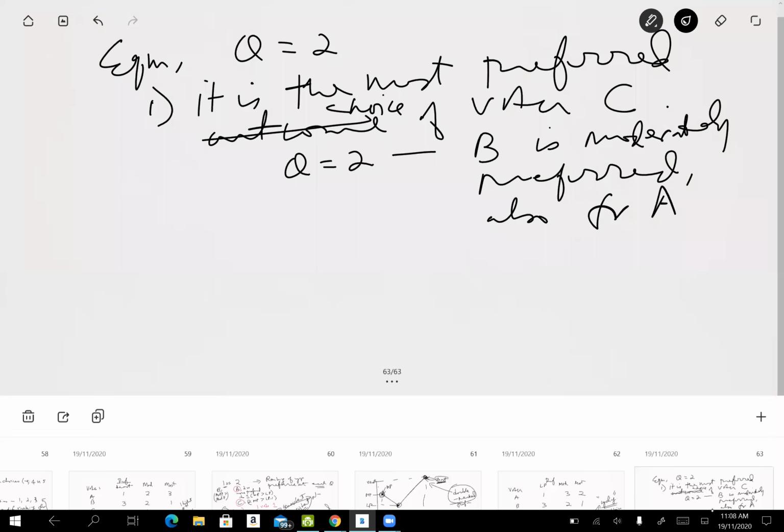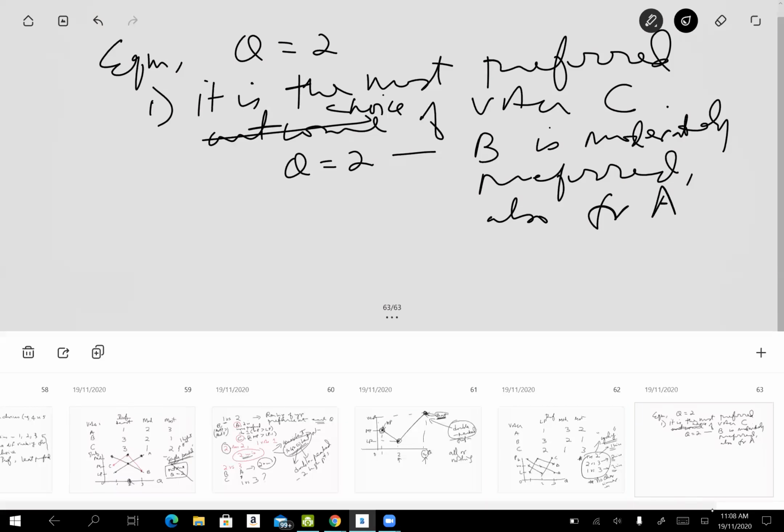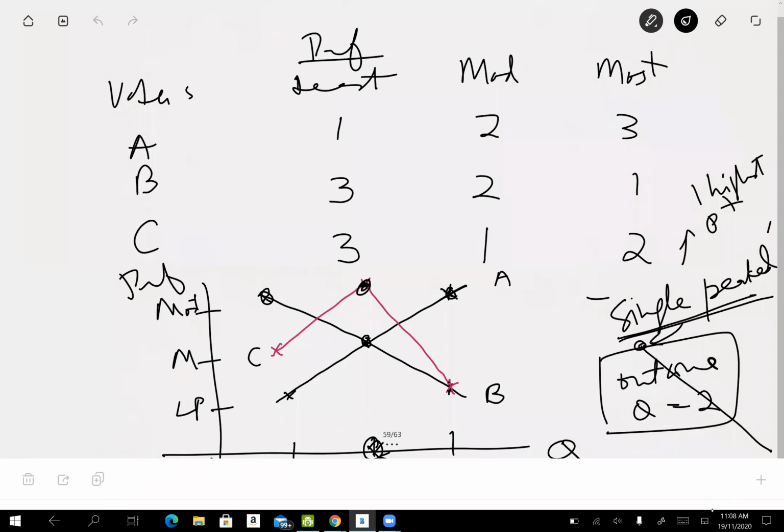Number 2, we go back to the graph. What can you say about voter C? What is so special about voter C? You compare voter C to A and B. C is the median voter.